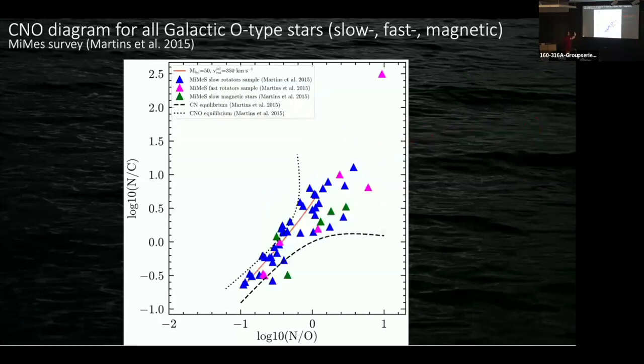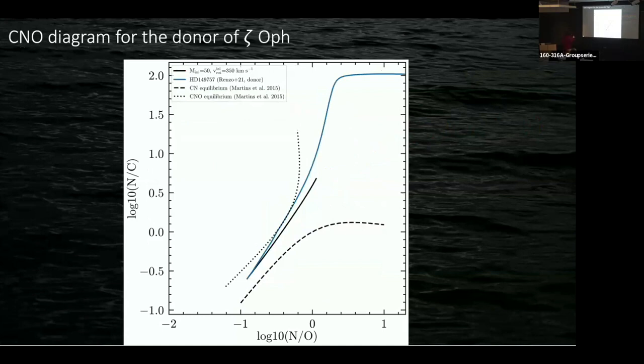And also, if I put here another survey with magnetic slow rotators, fast rotators, and also galactic O-type stars, we see that they are all spread around. But we have one fast rotator with extremely high enrichment of the abundances. From one side, to explain all the spread, we can go to binary models.